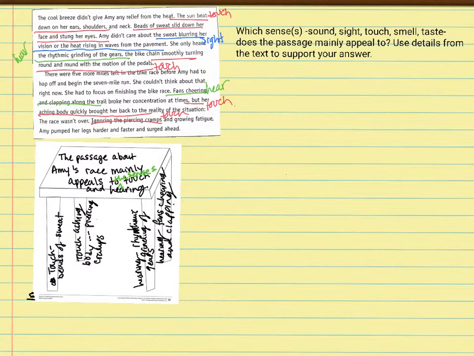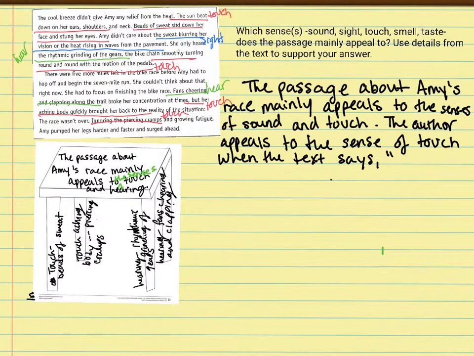Anyways, okay, here we go. Okay, so I started by saying the passage about Amy's race mainly appeals to the senses of sound and touch. Now, on the table, I had said hearing, and in my notes, I referred to hearing, but when I looked back at the question, I realized it actually said sound, so I decided to change it to sound.